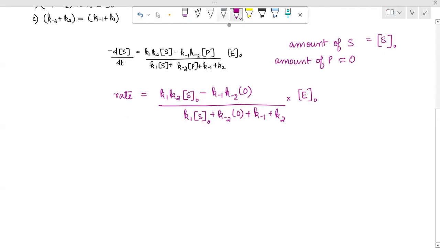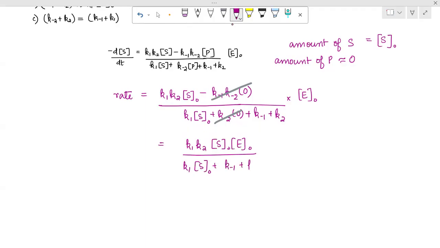So once I put these values, these get cancelled. And what is remaining? This is equal to K1, K2, S naught, E naught divided by K1, S naught plus K inverse plus K2. This is my rate.